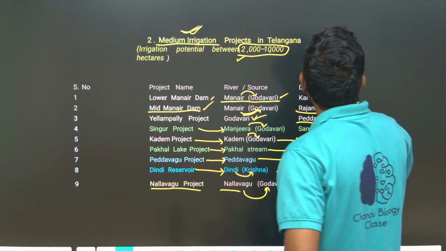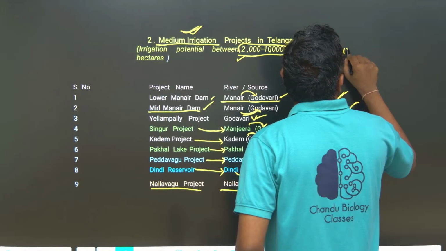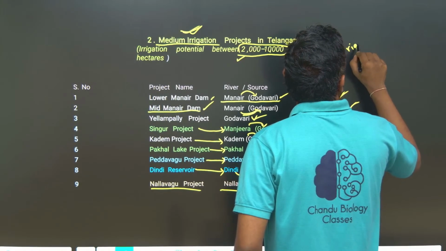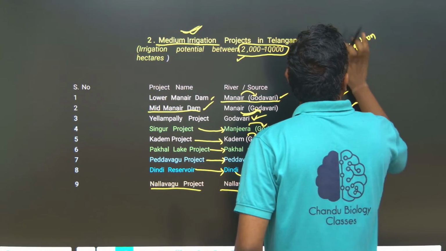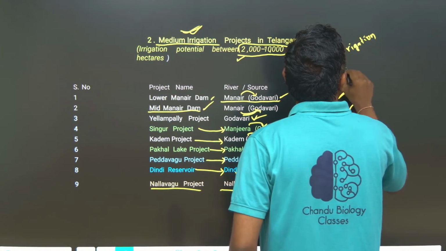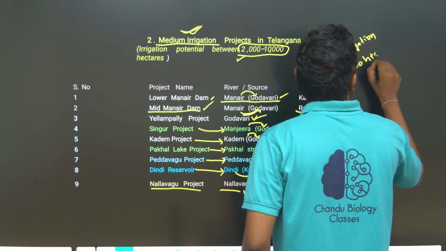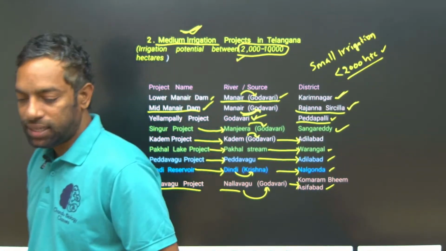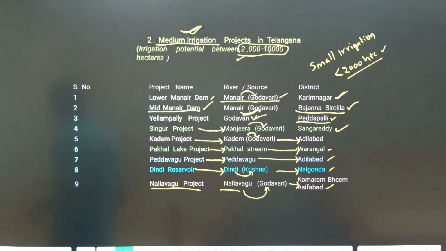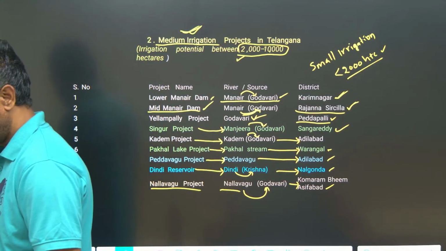Small irrigation is less than 2,000 hectares. You have to take a screenshot of this.